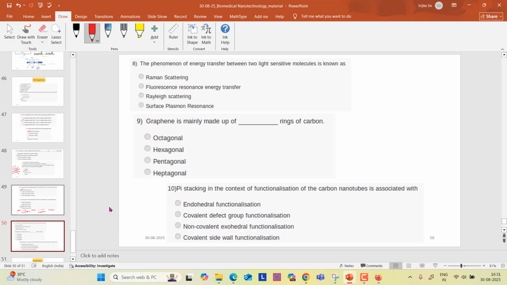Next question. The phenomenon of energy transfer between two light sensitive molecules is known as FRET, fluorescence resonance energy transfer.